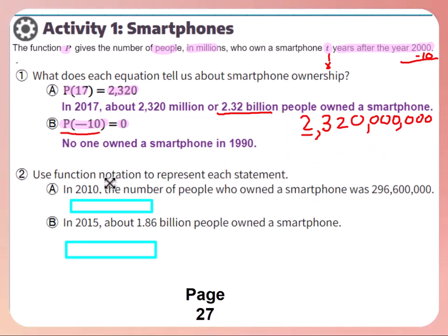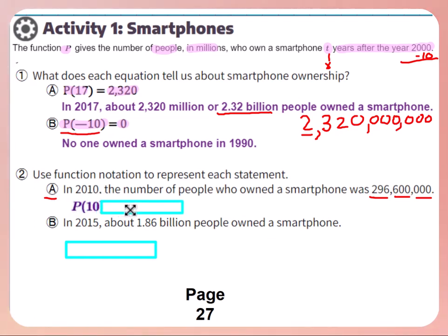All right, now we're going to use function notation to represent each statement on question number 2, or part 2. In 2010, the number of people who owned a smartphone was 296,600,000. How do we write that with function notation? Remember, we're starting at 2000, so our input is going to be added to 2000.